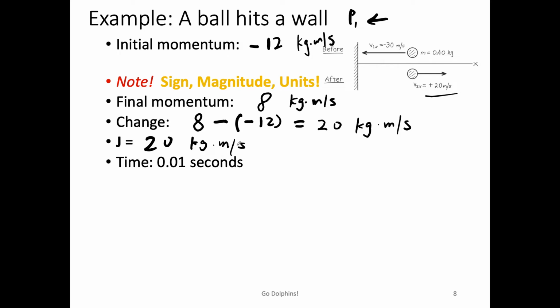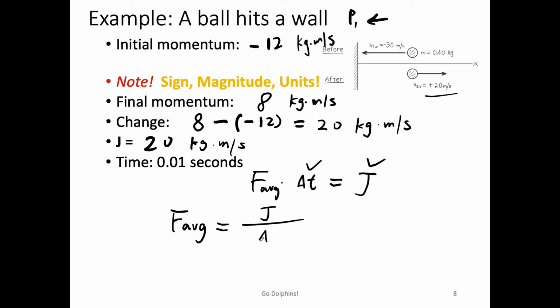Now I do know the time of contact is 0.01 second. So F average times delta t gives you the impulse, and I do know delta t, and I do know the impulse, so I can calculate the average force as impulse over delta t, 20 over 0.01 Newton, which gives me a 2000 Newton force.